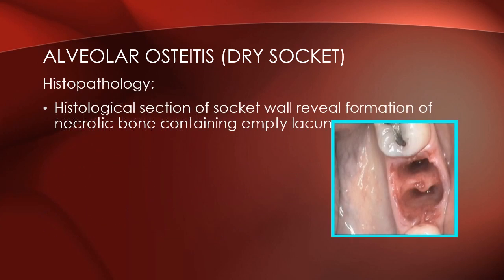Histopathology of dry socket. As in the figure, the socket wall reveals a formation of necrotic bone containing empty lacunae, and this is seen in the histological section.